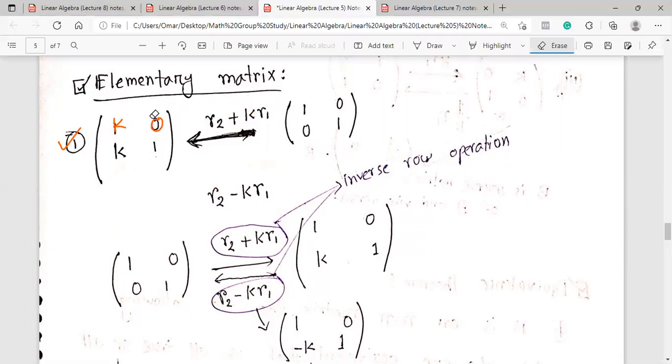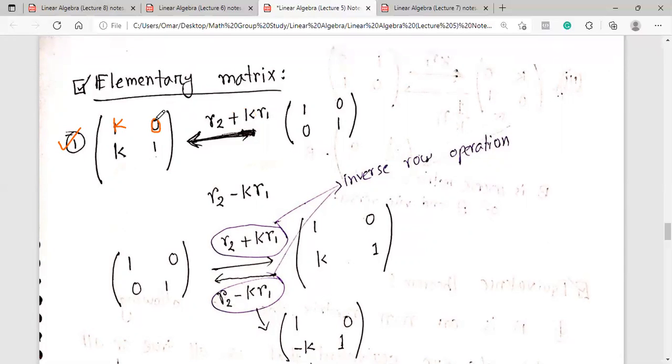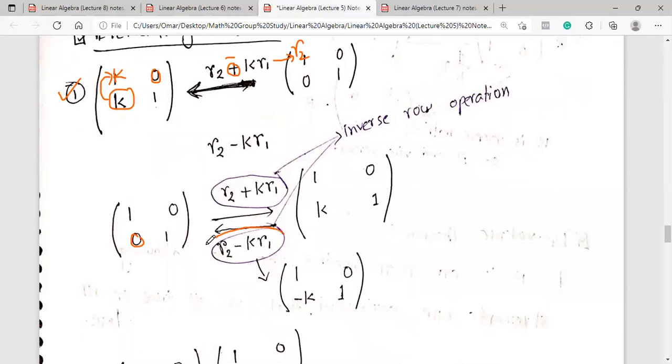It's okay as long as you understand the concept, like how we can find some elementary matrix. So it will be minus, I think. And then we need to substitute the value to row 2, because there is our k. So k minus k will be 0, so we write 0 here. You see here, the teacher wrote R2 minus k into R1.